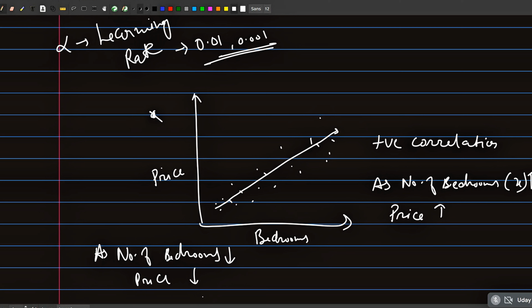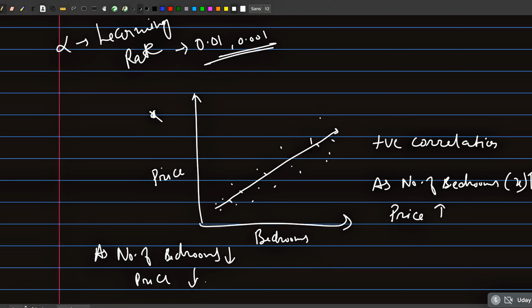Is that what happens? No. Why not? Because if we are moving in this direction, the bedrooms increase. So that is the same as positive correlation, the wrong definition of negative.